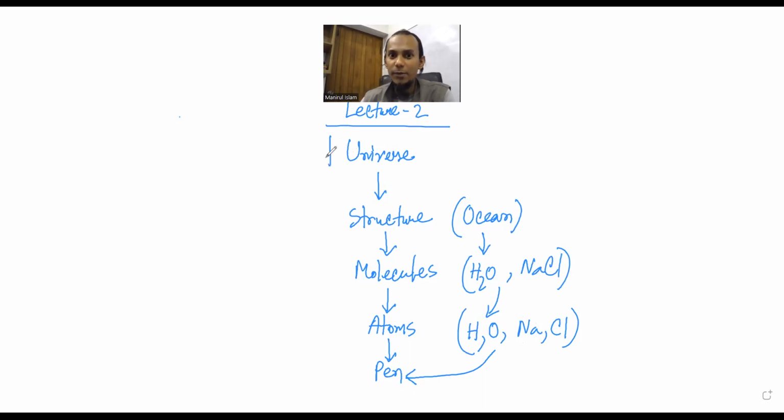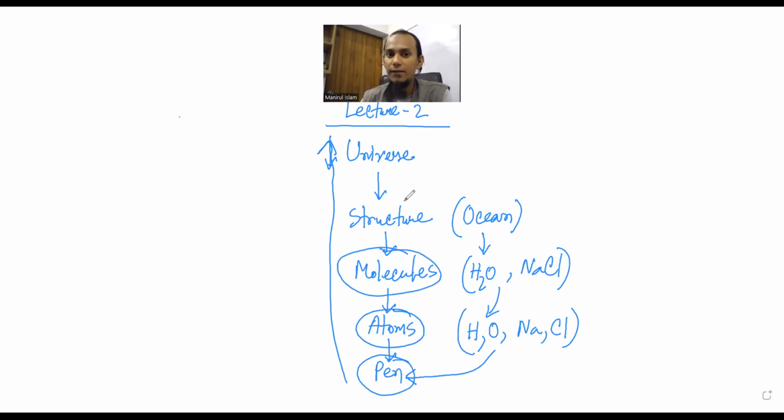Scientists started from here and went down from the largest thing to the smallest. When we study, we'll go upside down, from bottom to top. We'll study protons, electrons, and neutrons first. Then we'll study atoms. Then we'll know molecules.